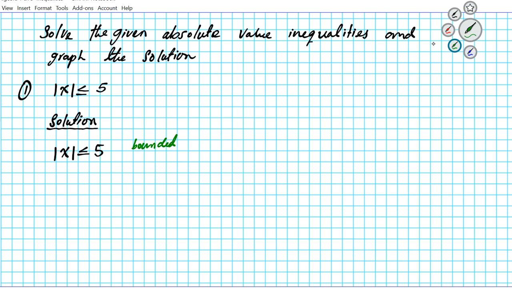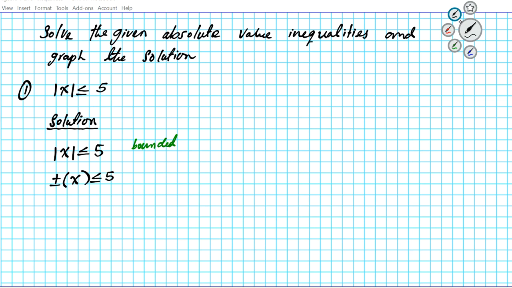So let's go ahead and solve this. To get rid of the absolute value, we write this as plus or minus x is less than or equal to 5. Now, since it's bounded, we can write this as a combined inequality.